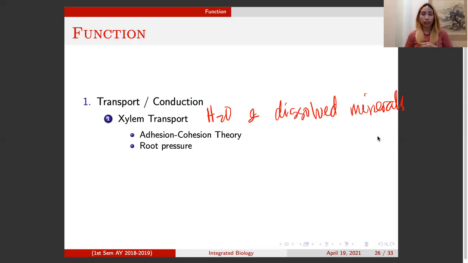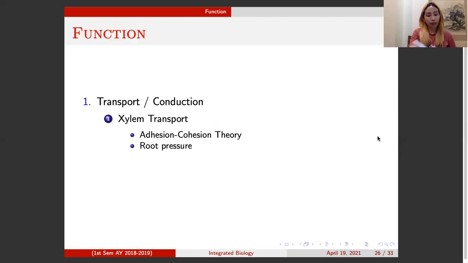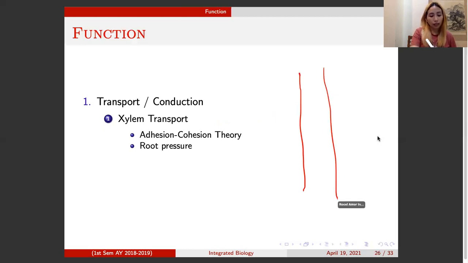One of them tells us that the water does not go back, does not fall, does not have a backflow because of this adhesion-cohesion theory, wherein the xylem cell has this interaction with water molecules, and there is adhesion between the xylem walls and the water molecules.